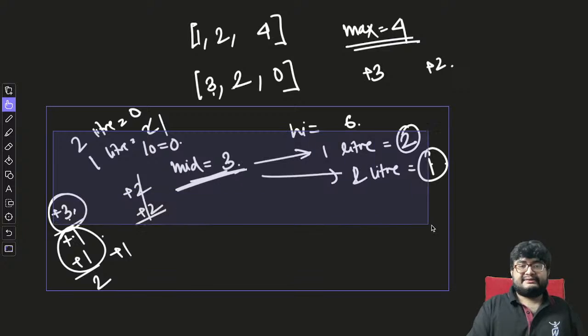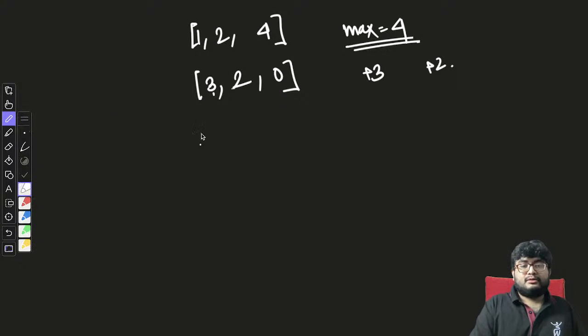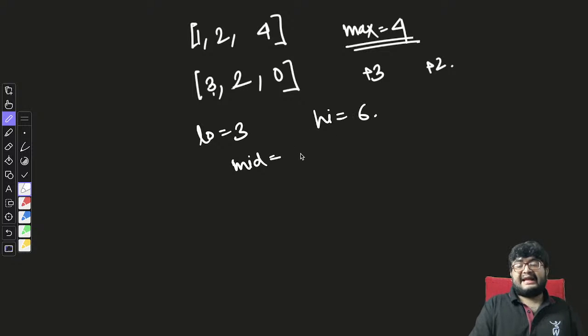Let's take the next mid. So here low becomes 3, high becomes 6. Now (low plus high) by 2 will be what? Mid equals 9 by 2, that is 4. With 4, what do we have?